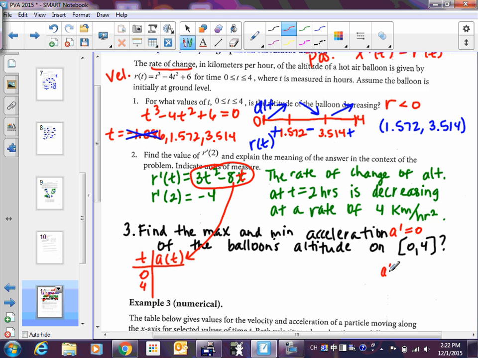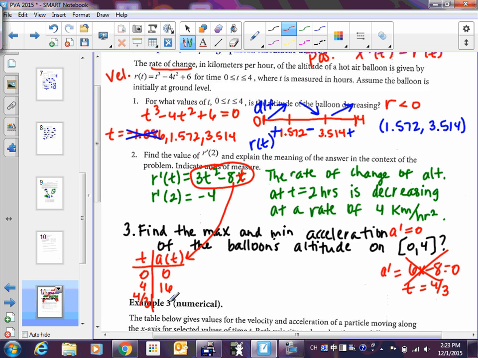So what would A prime be? It would be 6t minus 8. I know I'm going through this part pretty quickly. I'll probably go back over it tomorrow. But 4/3 is your other candidate. Whatever you're trying to maximize or minimize, that thing's derivative equaling 0 is how you find your other candidate. Although I'm not plugging it into that thing's derivative, because I'll just get 0. I'm plugging it into the thing that I'm trying to maximize or minimize.